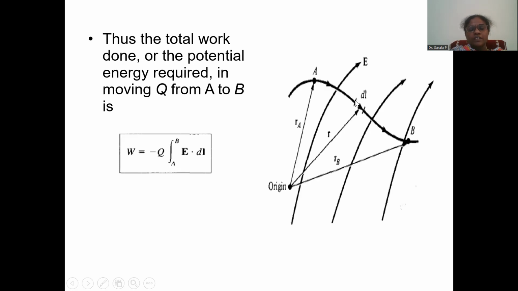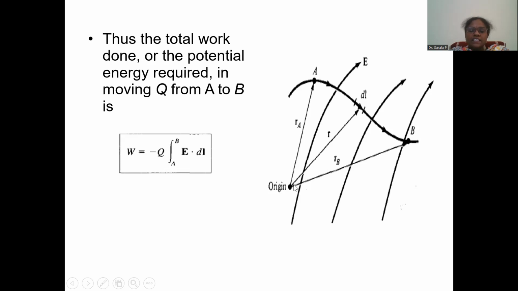For the total length, we have to integrate. So the work done, or the potential energy, is W = -Q ∫ from A to B of E·dL.